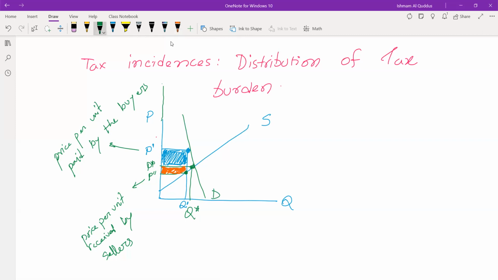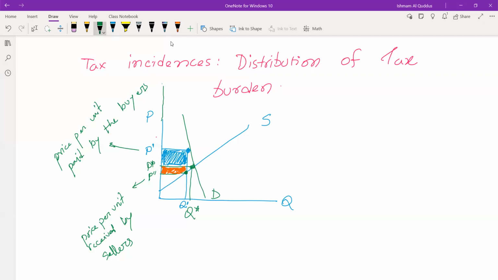So whenever the demand is inelastic and supply is relatively elastic, the weight of the tax burden would be more on the buyers' end than on the suppliers' end.